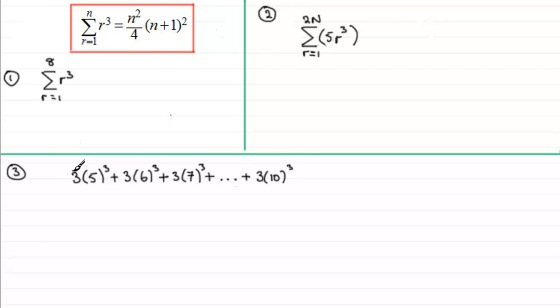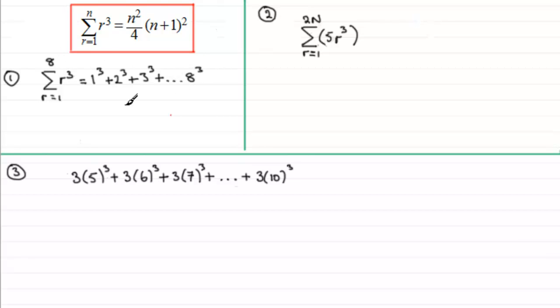Welcome back if you did have a go at these, and let's just work through them. For the first one, this is just a basic one to get us into what the sum of r cubed is all about. We're summing r cubed going from r equals 1, so that'd be 1 cubed, plus 2 cubed, and then 3 cubed, and so on, all the way up to 8 cubed.